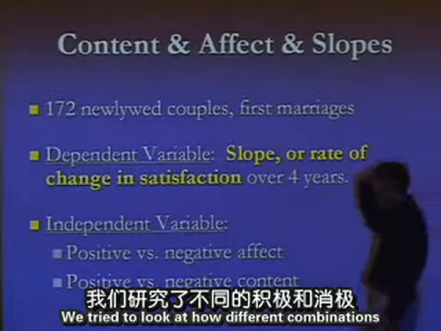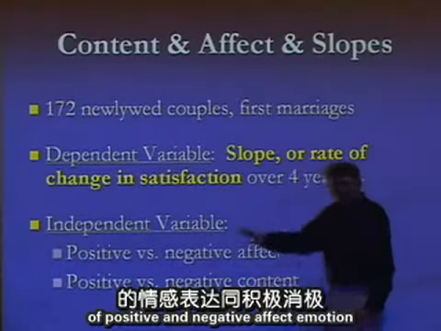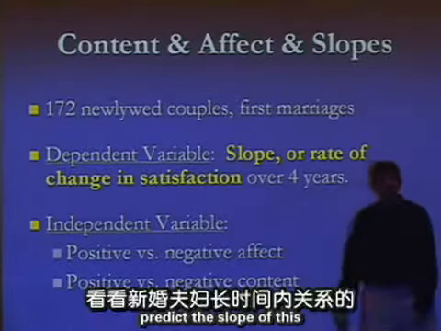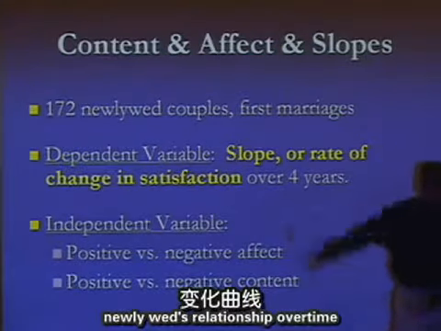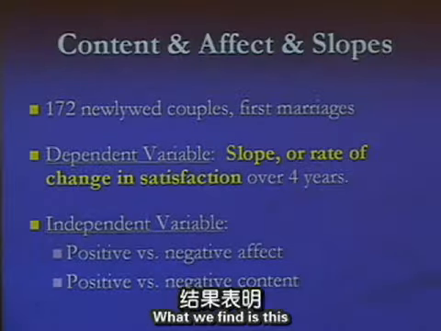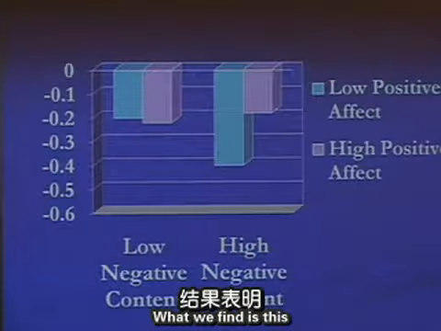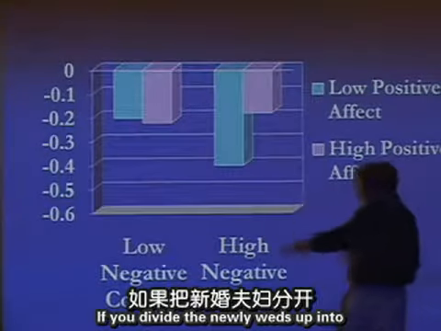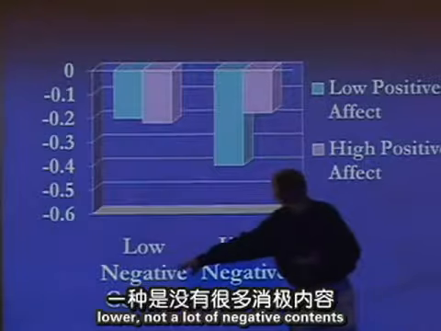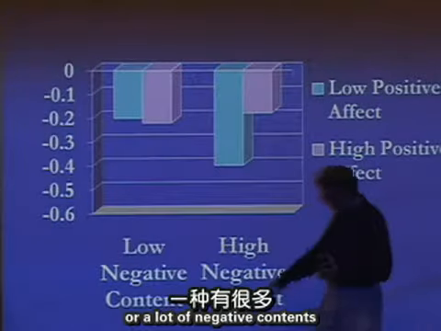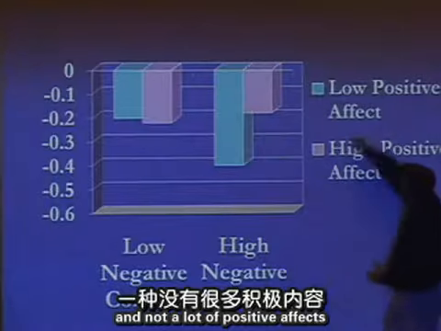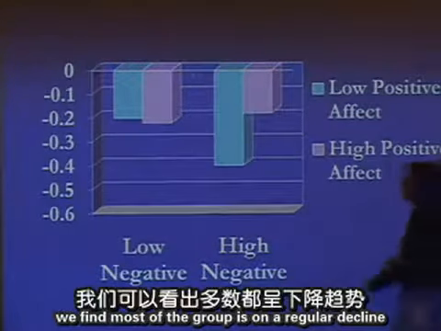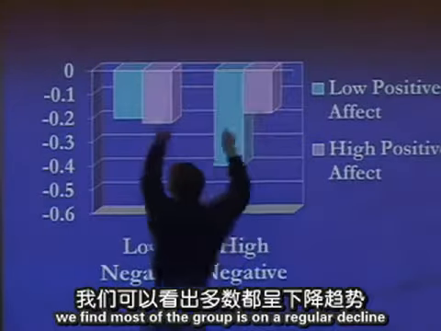So that's what we did. We tried to look at how different combinations of positive and negative affect, emotion, and positive and negative content, verbal content, predicted the slope of newlywed satisfaction over time. And look what we found. If you divide the newlyweds up into not a lot of negative content or a lot of negative content, and not a lot of positive affect or a lot of positive affect, most of these groups have just a regular decline.